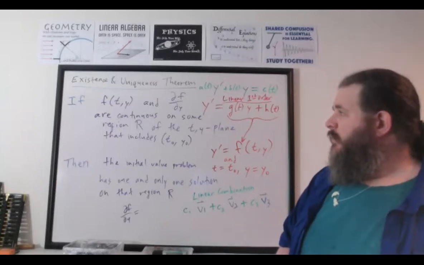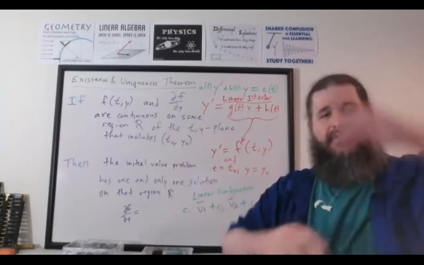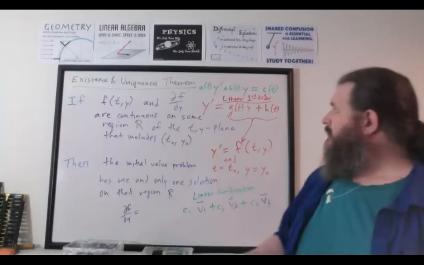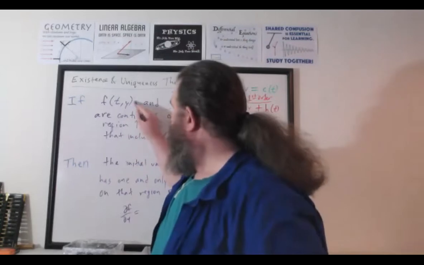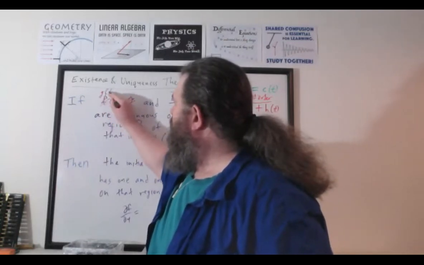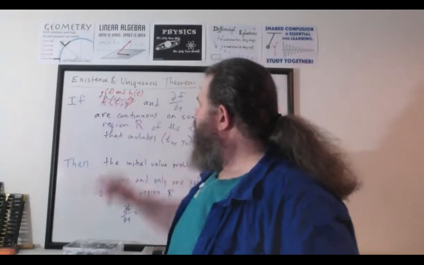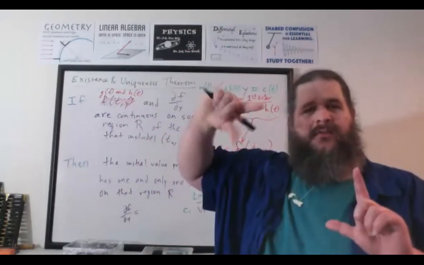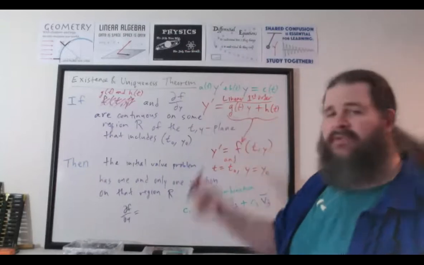So we don't even need to worry about a region in terms of t values and y values. We just need to worry about an interval of t values and check, do the t values lead to g or h having any discontinuities? So instead of f of t and y, let's just look at g of t and h of t. And that way we don't need to look at some rectangular region because we don't care about y values at all. There are no y values that can possibly cause any problems here.